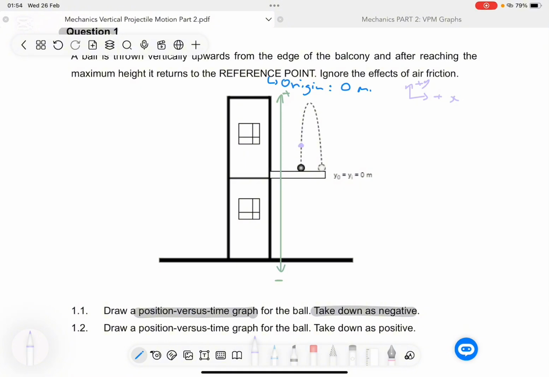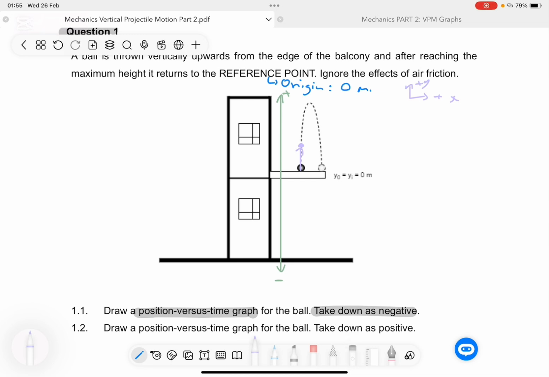To measure this position, we measure from the reference point, from 0 to that height. It's a vector that moves from 0 to that height. That's where the ball is now located in space, because remember, position is just the location of an object in space.